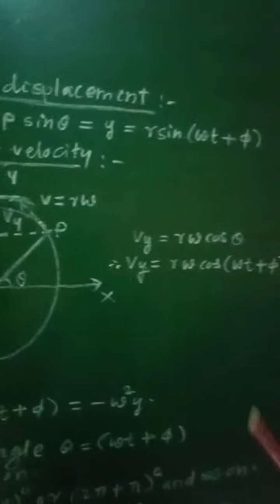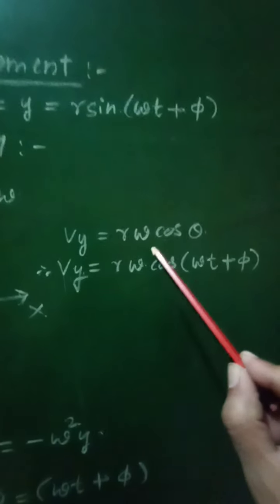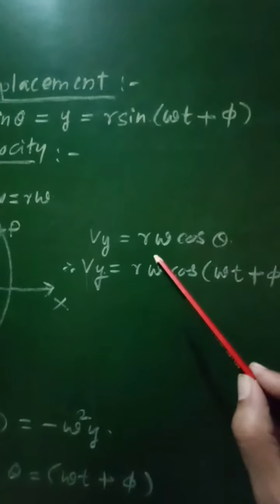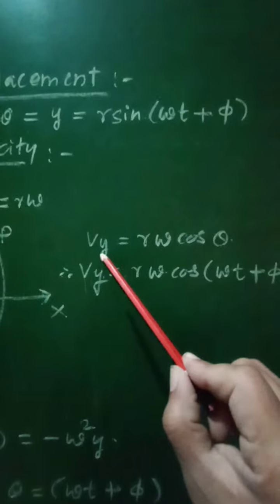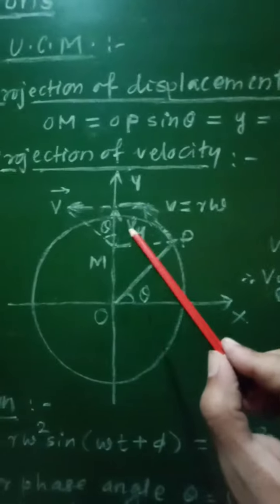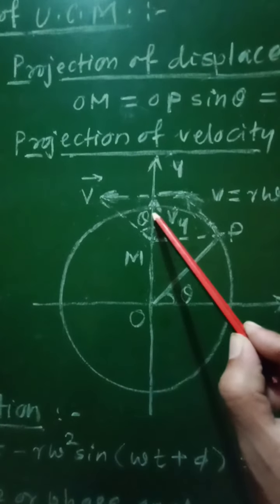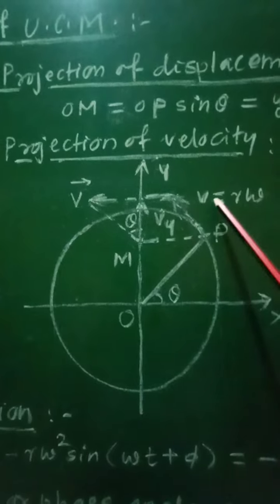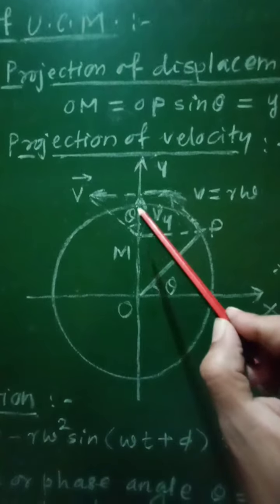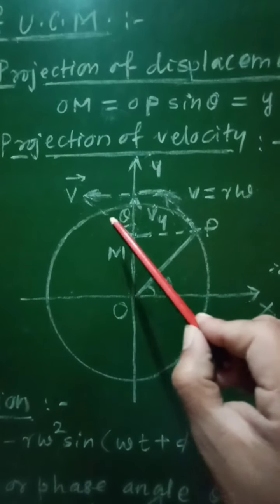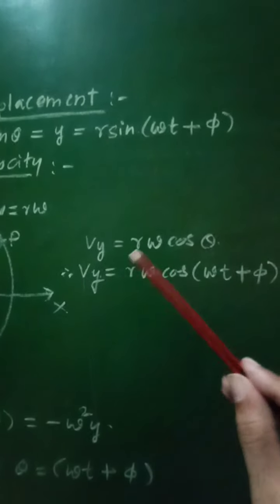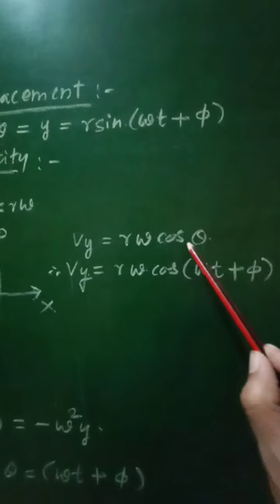Therefore the adjacent side will be equal to hypotenuse into cos of that angle, and Vy equals r omega cos theta.